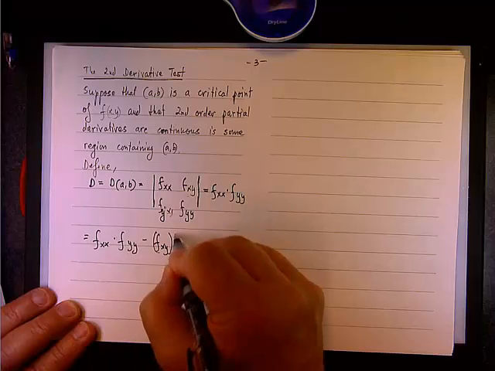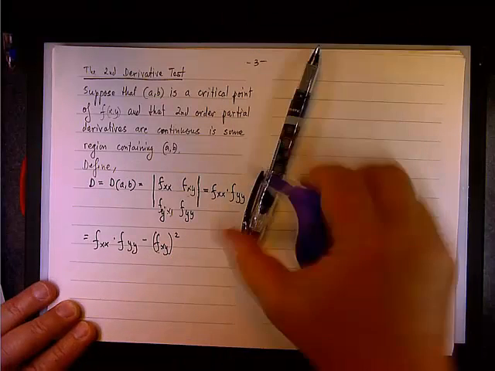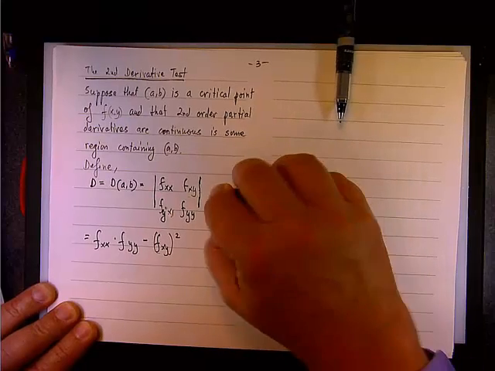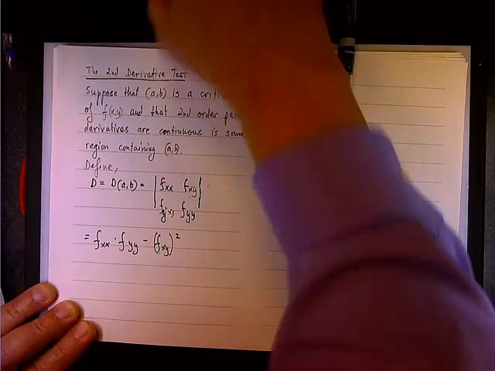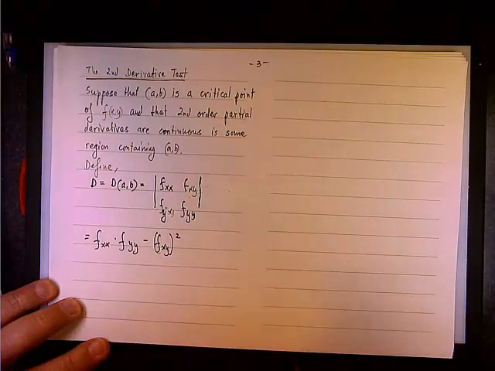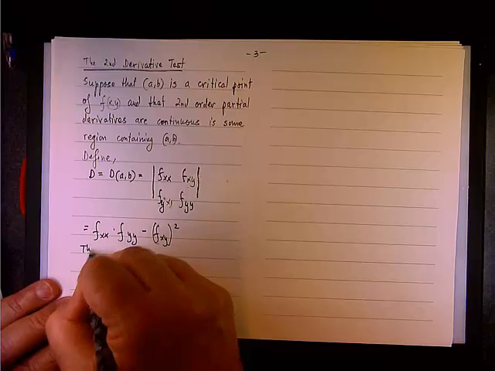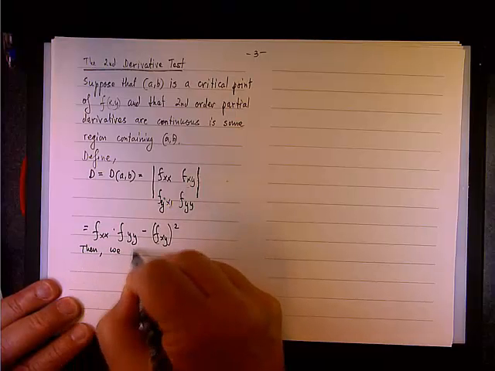Well, if they equal each other, I can write it as f sub xy squared, like so. Okay? And this is how we defined D. And why is it important? Because now we have the following classification.